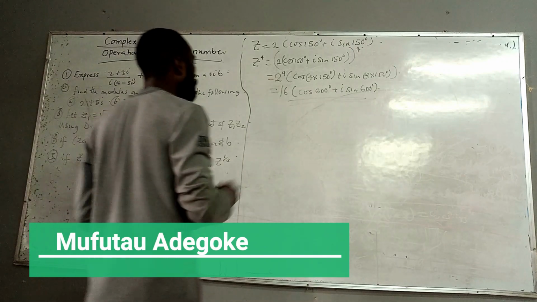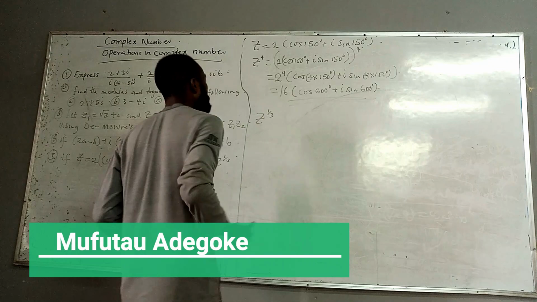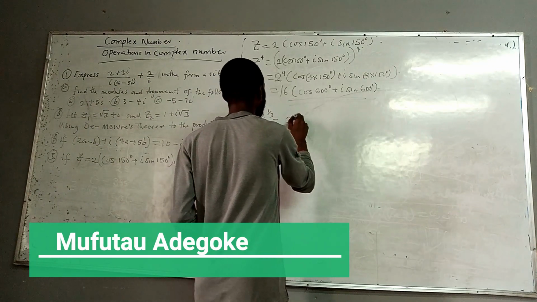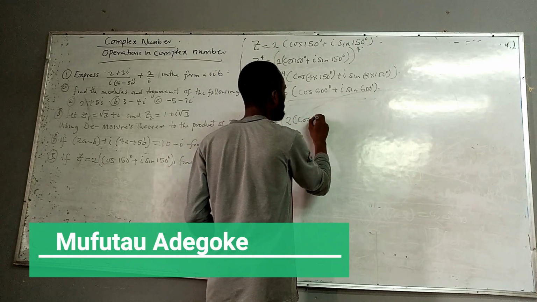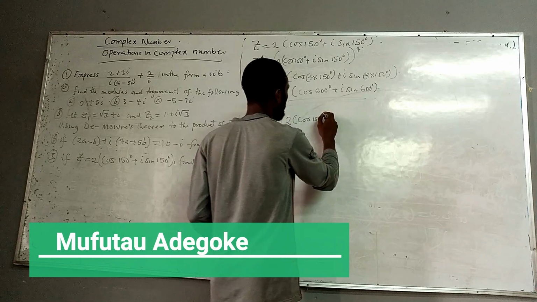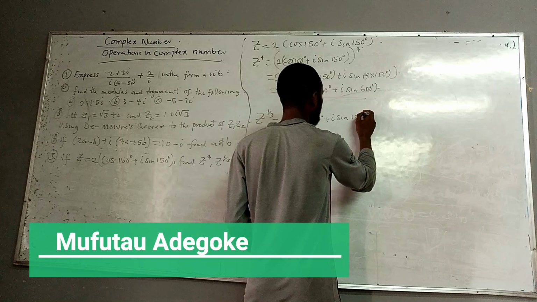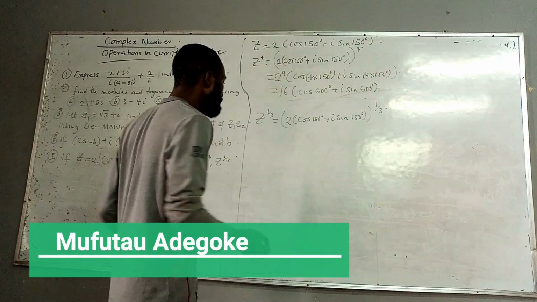Now for the other one, we want to get z raised to power 1 over 3, which is the last one. The same process. 2 into cos 150 degrees plus i sine 150 degrees, everything raised to power of 1 over 3. Very easy.